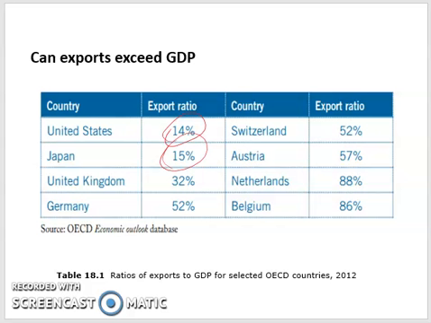The United Kingdom's ratio is about the same as South Africa's, but Germany's is almost twice as large. The smaller European countries have very large ratios compared to the larger countries: 52% in Switzerland and 86% in Belgium, as you can see.